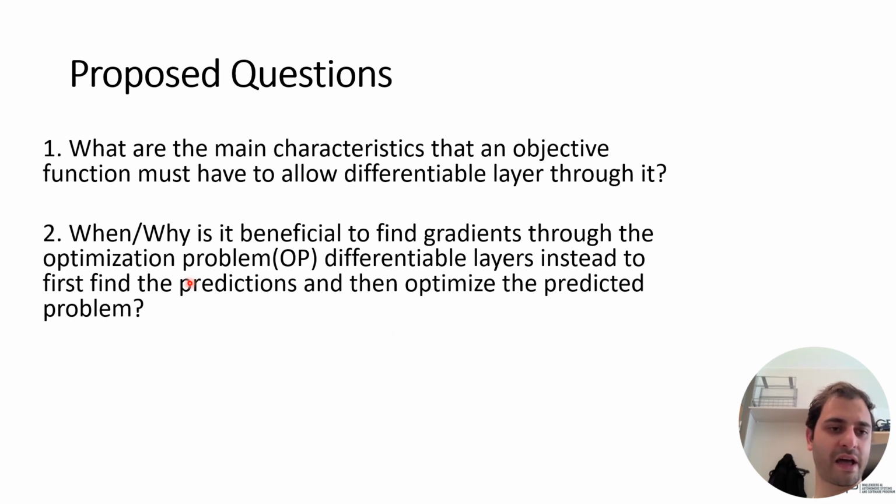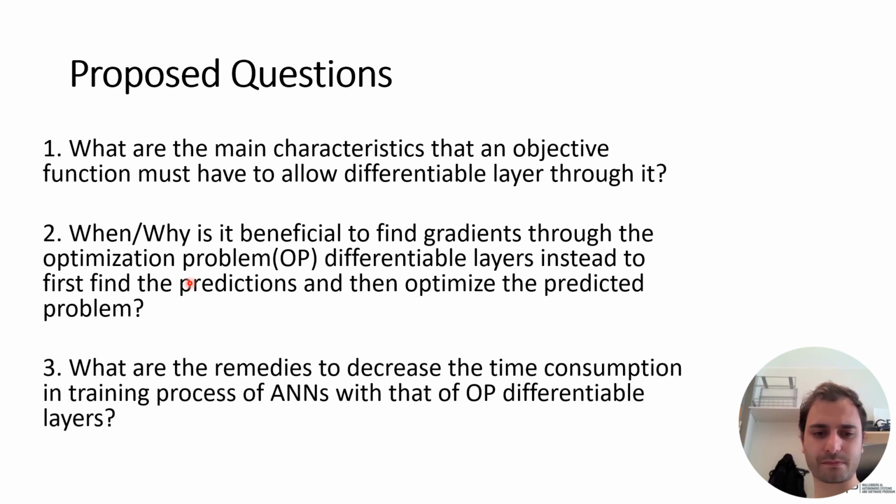Basically, we could have a pair of training data that is x and y, and we could learn y first, and then we would not need to have a differentiable layer, because we just get the predicted y and solve the optimization problem to get the decision. But we will see that this is not so good in the next slides.